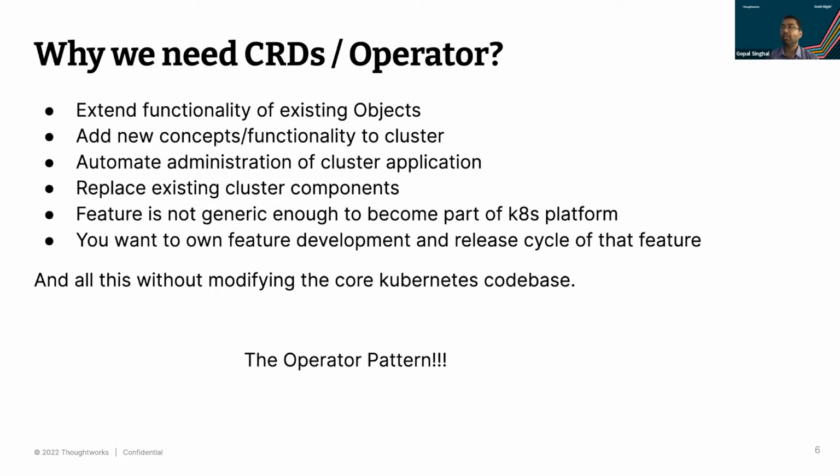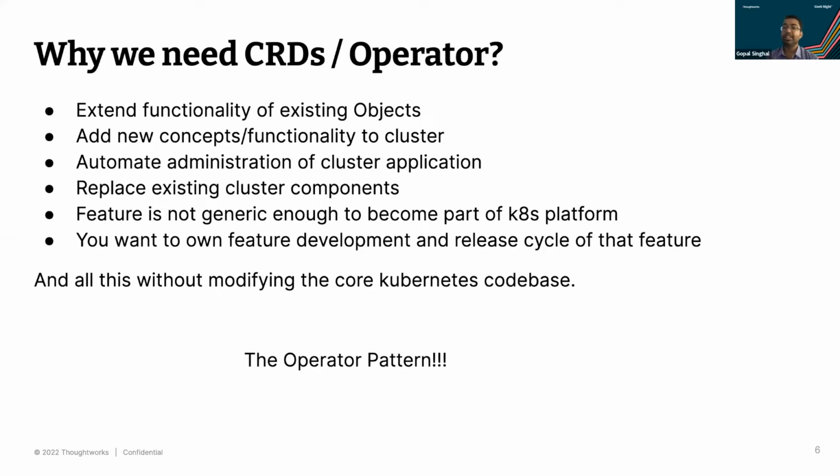On top of that, we don't want these additional features to be managed by someone else. We may want them to be managed by us so that we can customize them as and when needed, based on the requirements of our application and the way our infrastructure is set up.